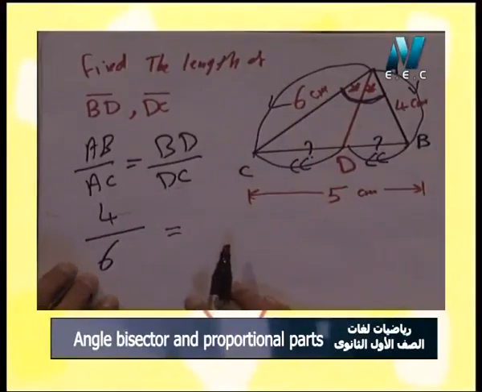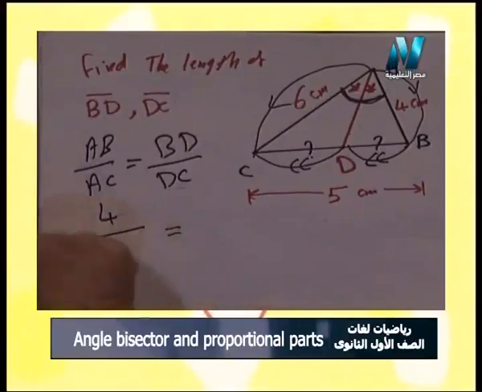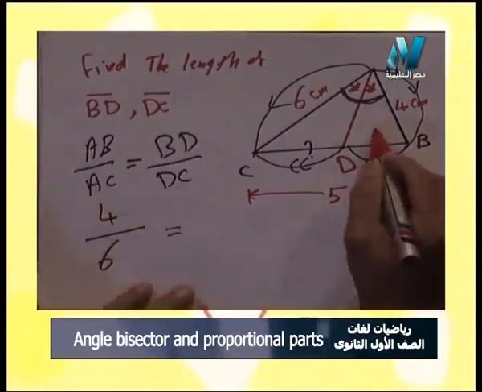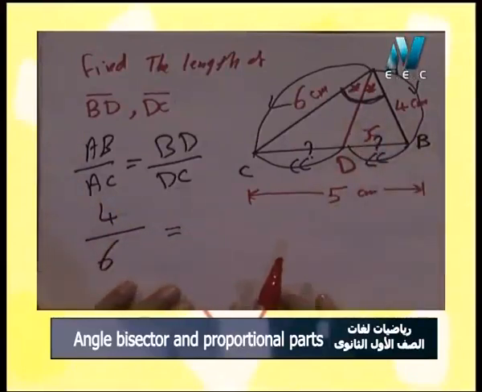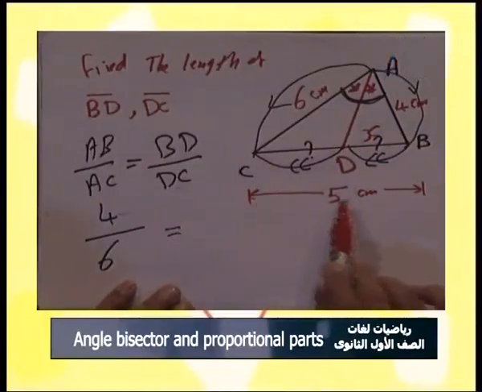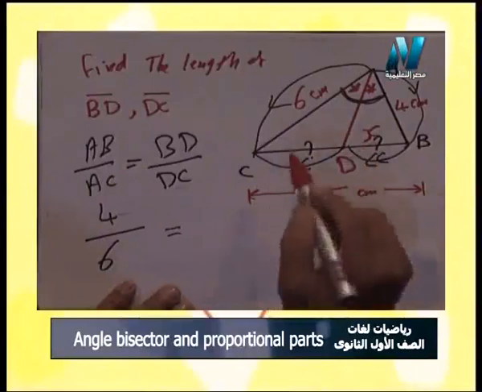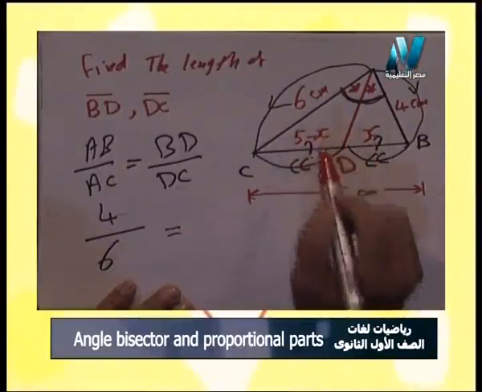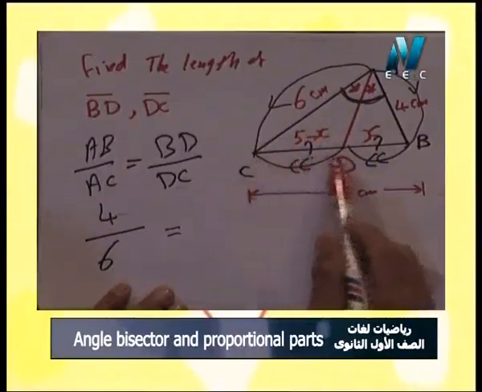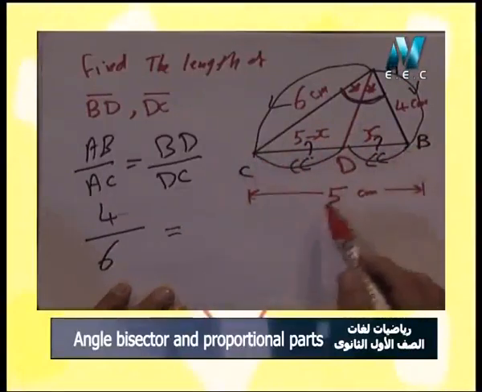BD and DC are unknown, so let BD equal X. So DC equals what? DC equals 5 minus X. We have the total length of CB equals 5 centimeters.